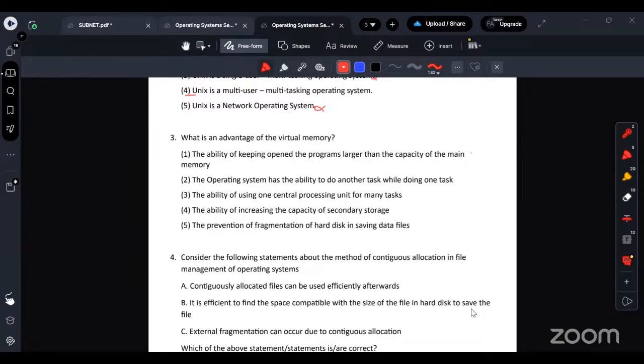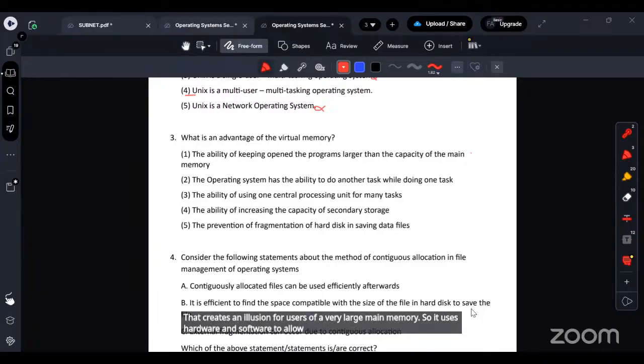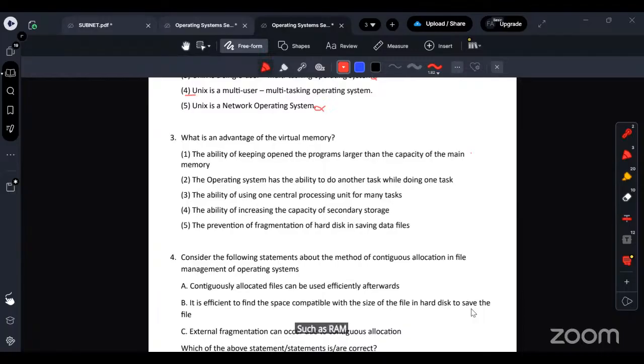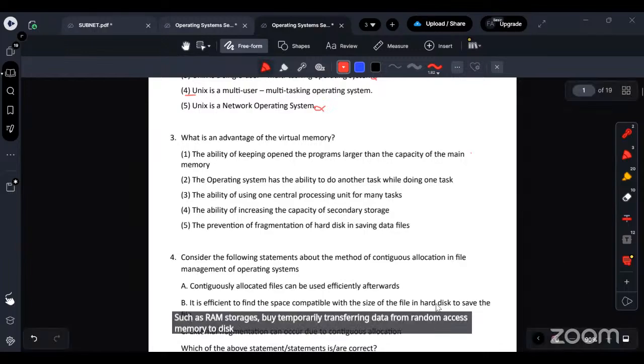Okay, so virtual memory, it is a memory management technique that creates an illusion for users of a very large main memory. So it uses hardware and software to allow a computer to compensate for physical memory, such as RAM storages, by temporarily transferring data from random access memory to disk storage.